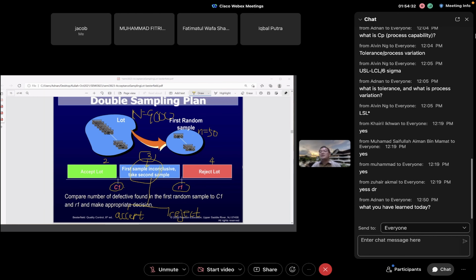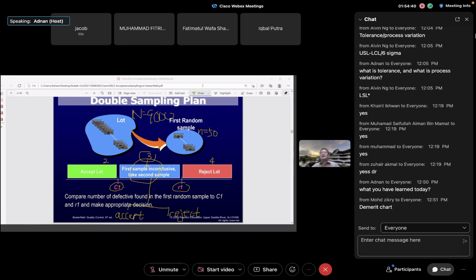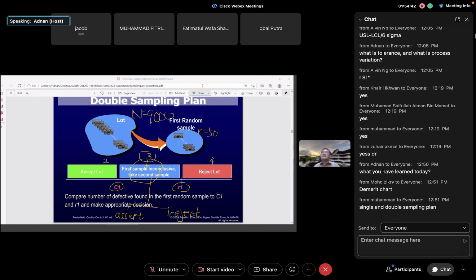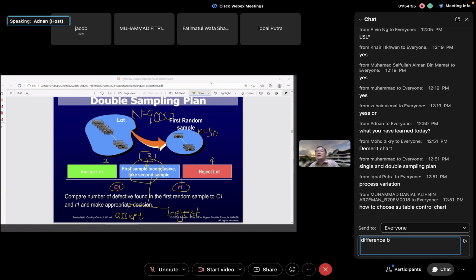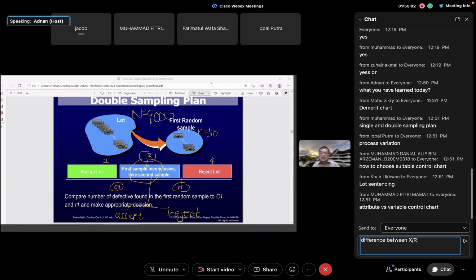Okay, please put the keywords in the chat box so that we can refresh again for the last 2 hours. Okay, thank you. Single and double sampling. Process variation. Okay, good. How to choose a suitable control chart.